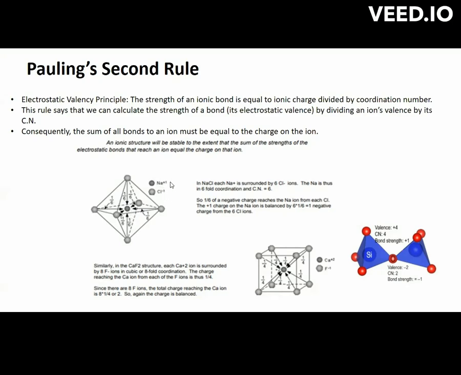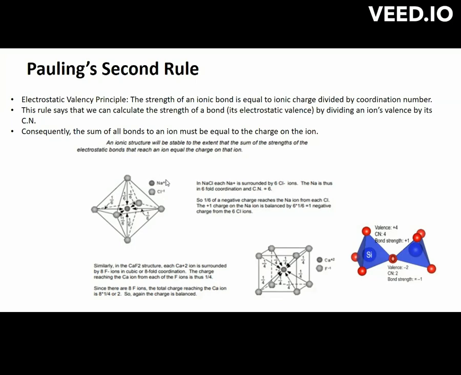So for this second rule, we calculate the bond strength. How do we calculate the bond strength? We divide the ion's valence by its coordination number.